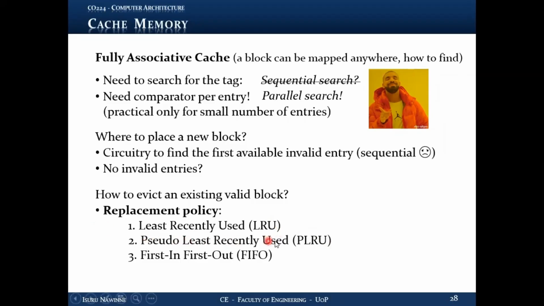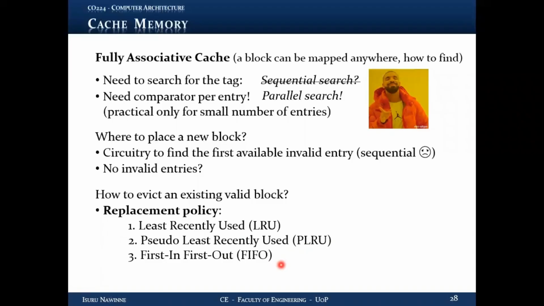So pseudo LRU implementations are there, which are used in practice. Simpler controllers, which 100% of the time you can't pick the least recently used one, but for a significantly high fraction of the time you can pick it. So PLRU are that.